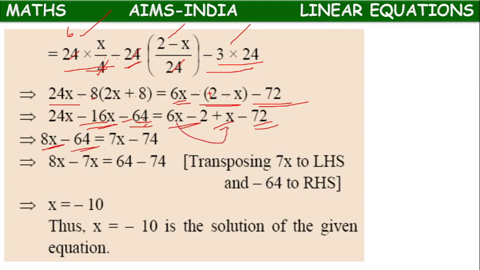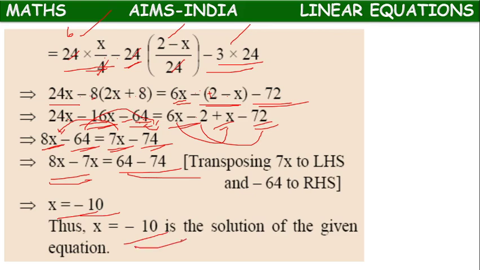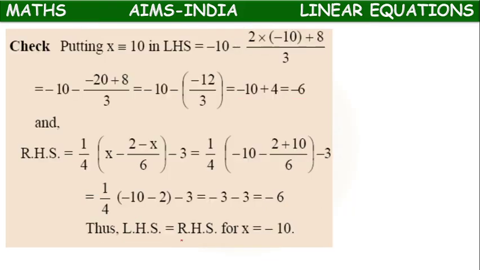Here 6x plus x is 7x, minus 2 minus 72 is minus 74. Now 7x taken to that side, 64 taken to this side. 8x minus 7x, 64 minus 74. x equal to minus 10. So x equal to minus 10 is the solution.